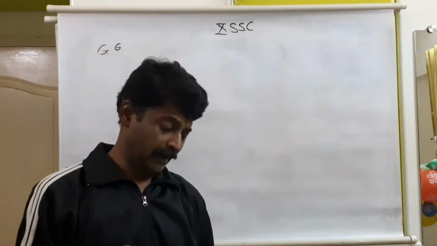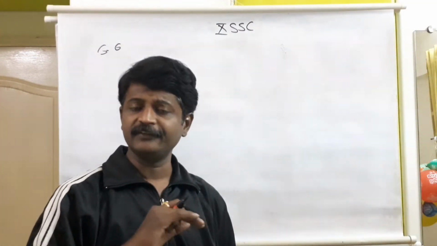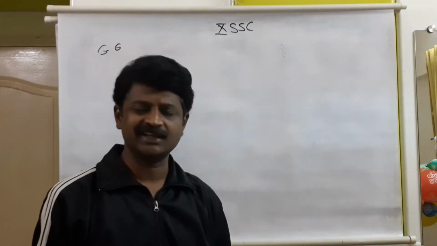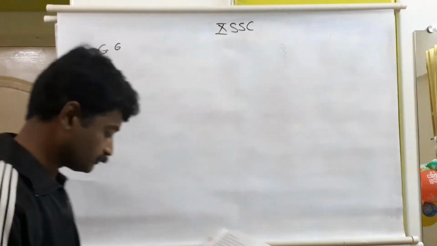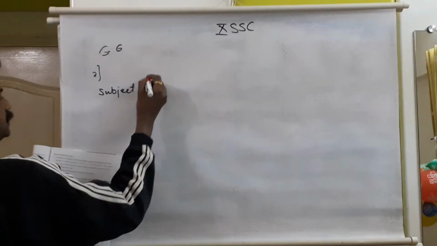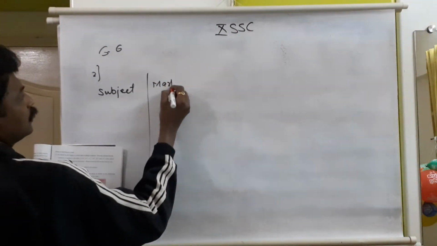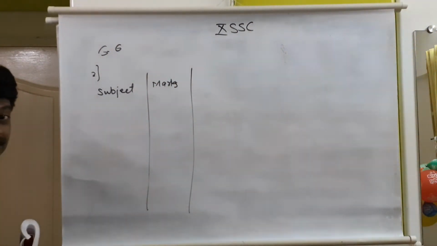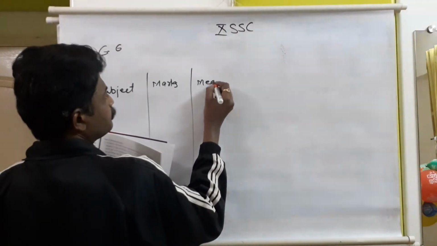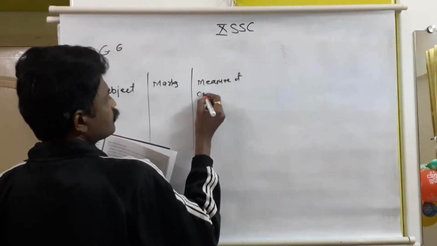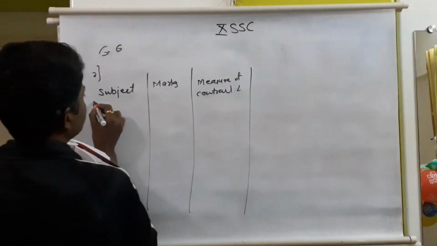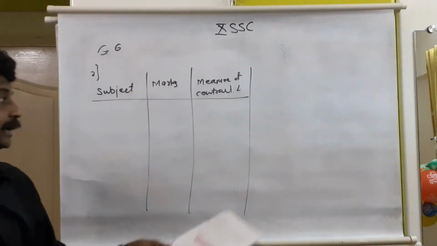Now here, the marks scored by one child in different subjects: English, Marathi, Science, Mathematics, Social Science, and Hindi. For 6.6 question number 2, the first column will be the subject, the second column will be the marks scored, and then we will convert it out of 360 degrees, that is the measure of the central angle, and then we will get the pie diagram based on the last column.